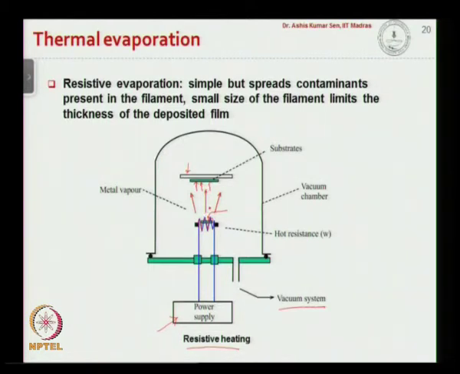That is one issue we see in thermal evaporation. The second issue is that the filaments we typically use are small in size so that the resistance is higher, but the small size of the filament limits the thickness of the film that we can deposit on the surface of the substrate.